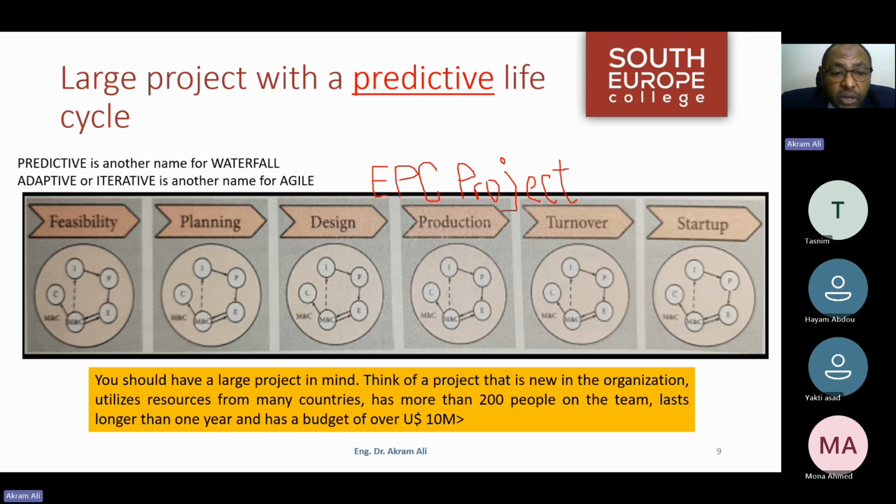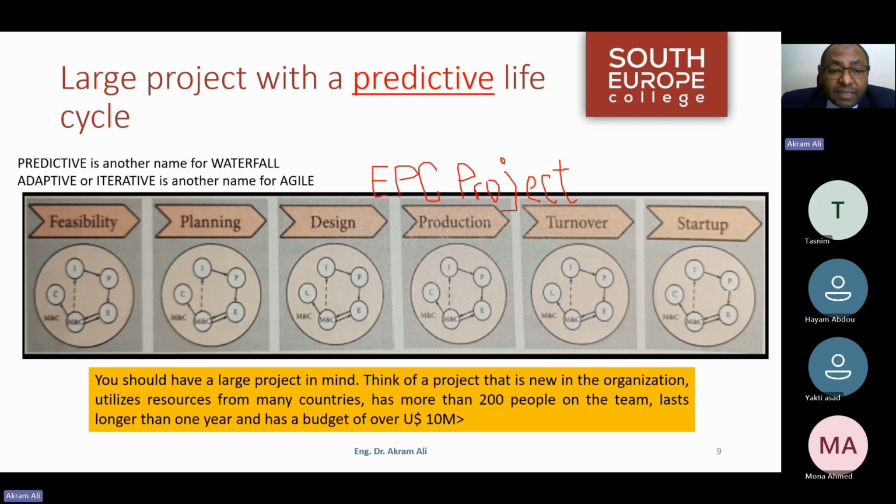So what's important here is I can have different project managers for different phases. If I know the feasibility needs somebody who's very good in finances and economics, I can nominate a project manager for the feasibility study who is good at financing.